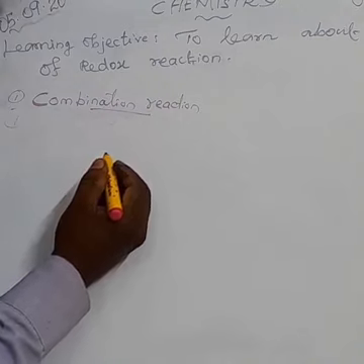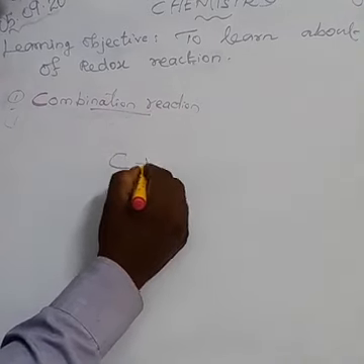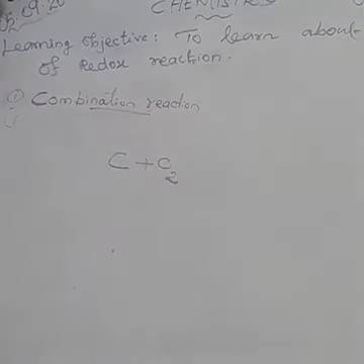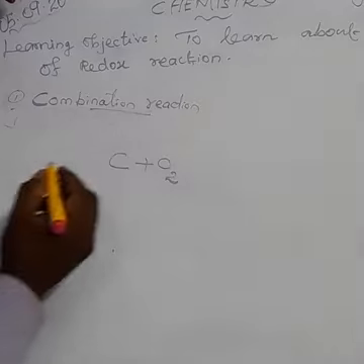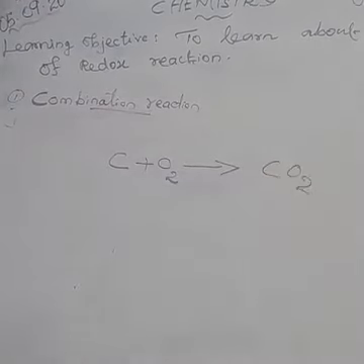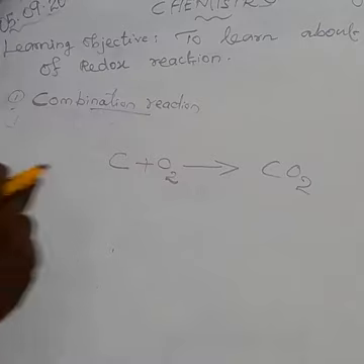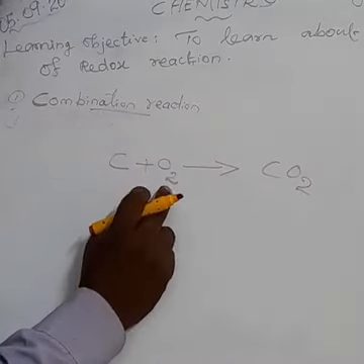We are taking 2 substances: one is carbon, another one is oxygen. These 2 substances combine to form carbon dioxide, CO2. Here, you should find out the oxidation state for carbon and the oxidation state for oxygen.